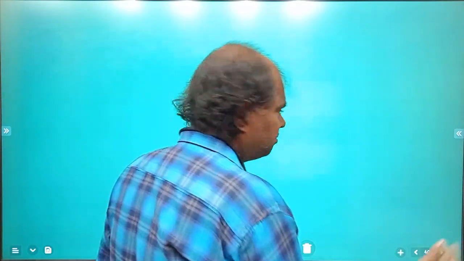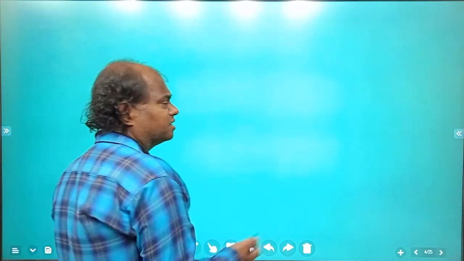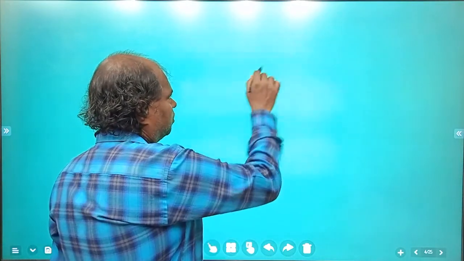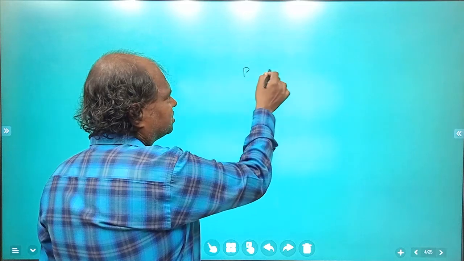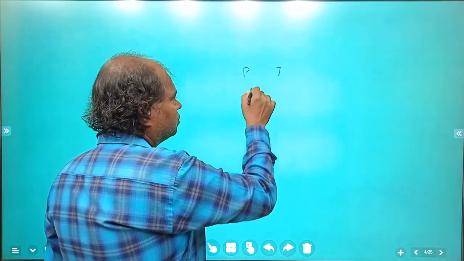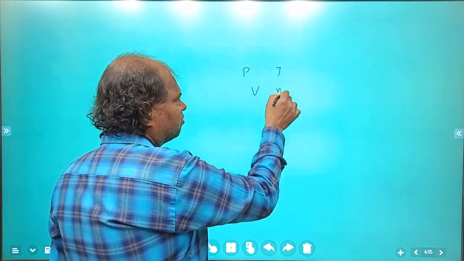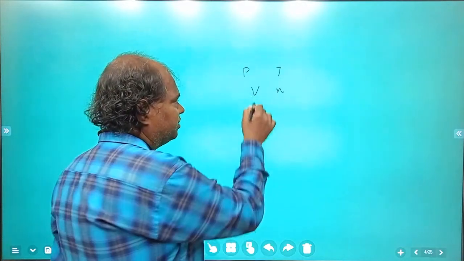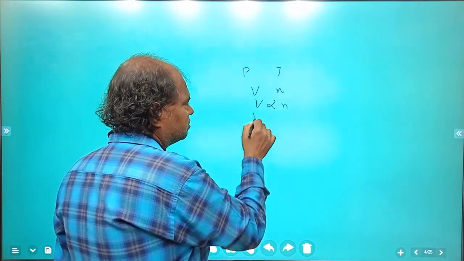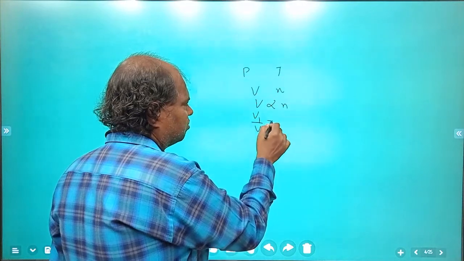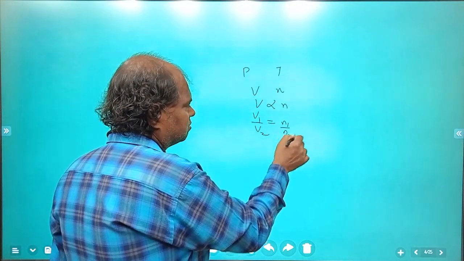Now, how they can make the sum complicated, you see. What they can do is they'll say pressure is constant, temperature is constant, right? Volume is changing, number of moles is changing. So V is proportional to N. So we can write V1 by V2 is equal to what? Is it okay?